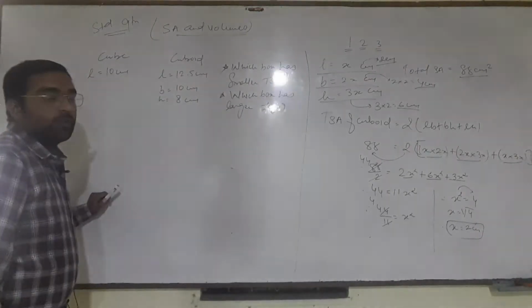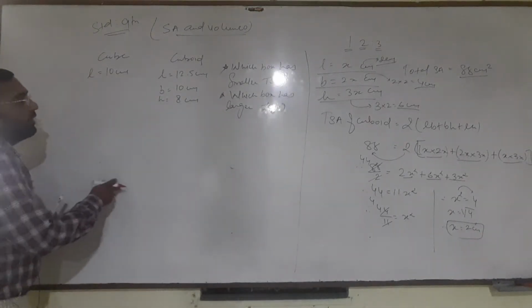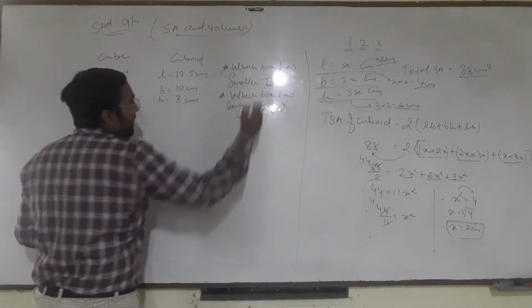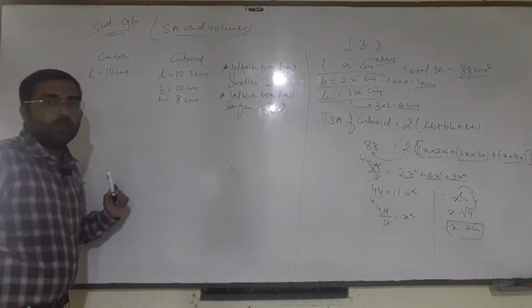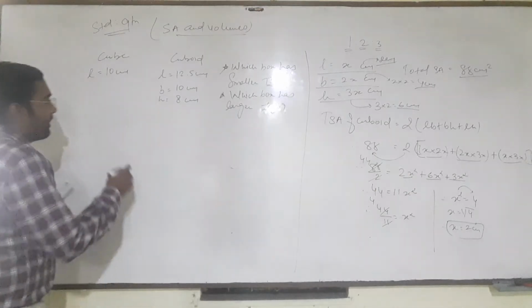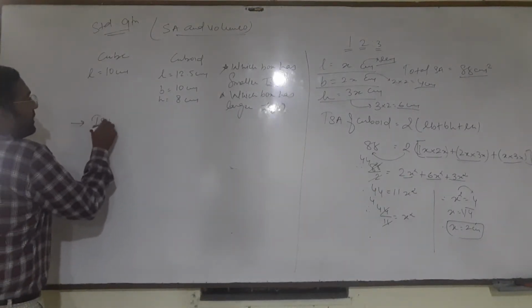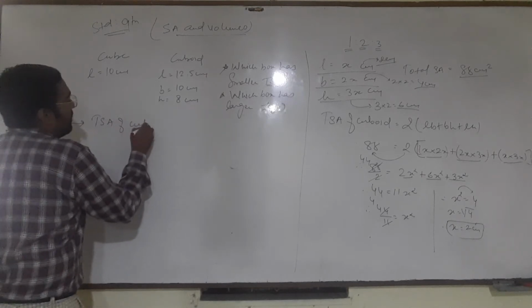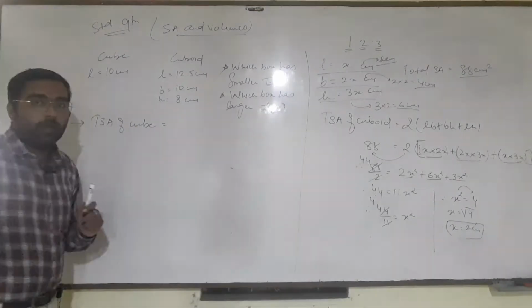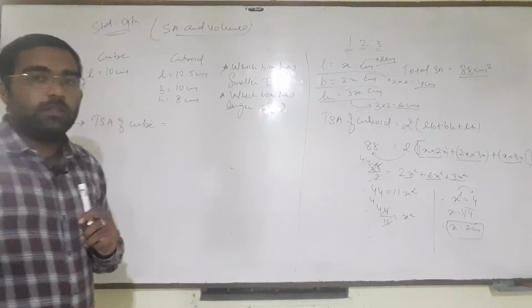Let's start. First of all I will find the total surface area of both of the shapes. So first I will take the total surface area of the cube.